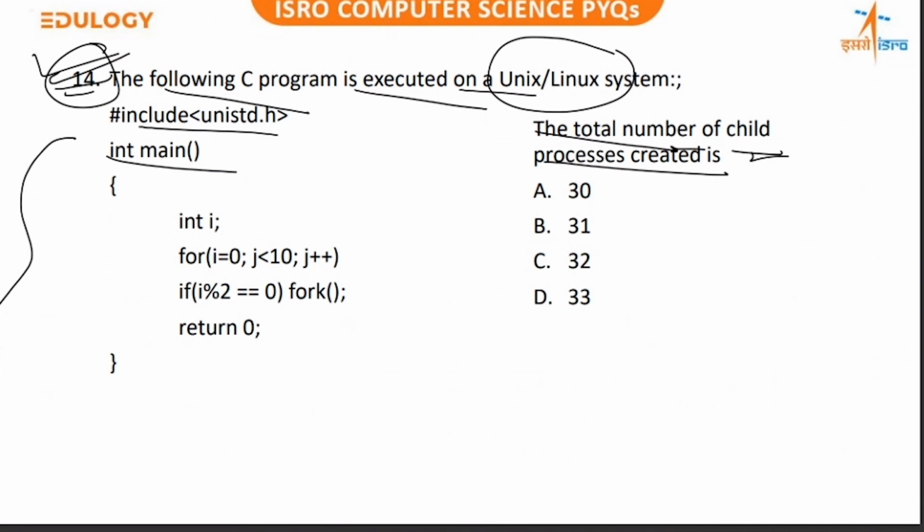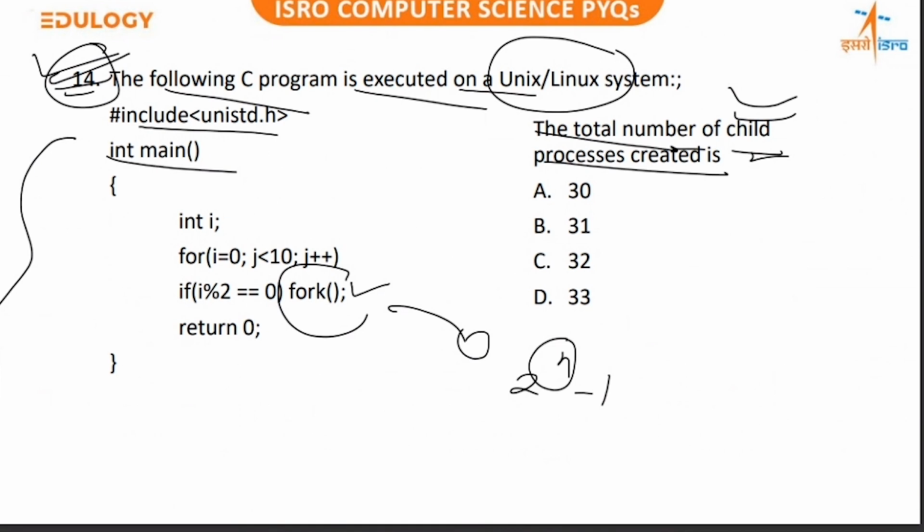Simply check how many times this fork will execute, then put that number of times in place of n in the formula 2 power of n minus 1, because he is asking about child processes. So just check how many times your fork system call will execute and put that number in place of n. You will get your answer. Just do it now.